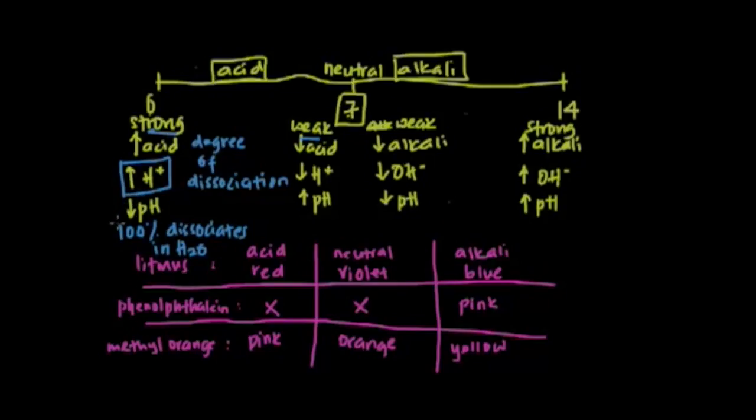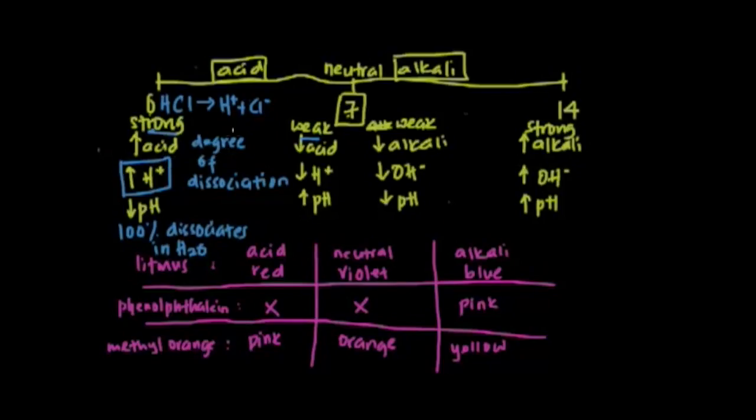This means that all the acid molecules will ionize in water, and a good example will be hydrochloric acid. A solution of hydrochloric acid contains only hydrogen and chloride ions. So when it dissociates in water, we only get H plus and Cl minus. There is no hydrogen that is hidden, right? So this is considered high degree of dissociation.